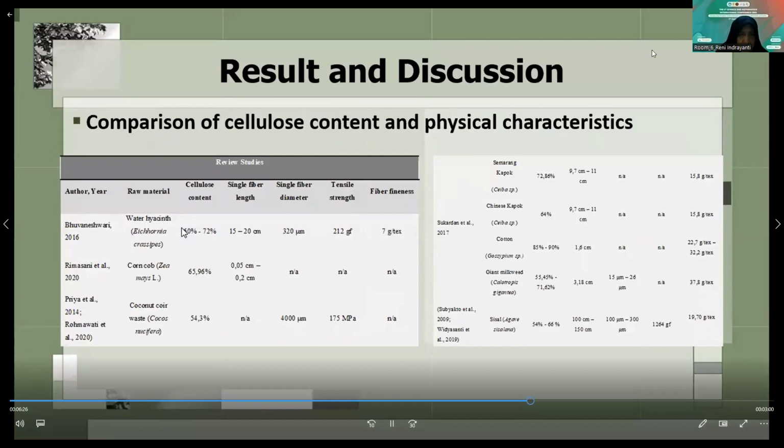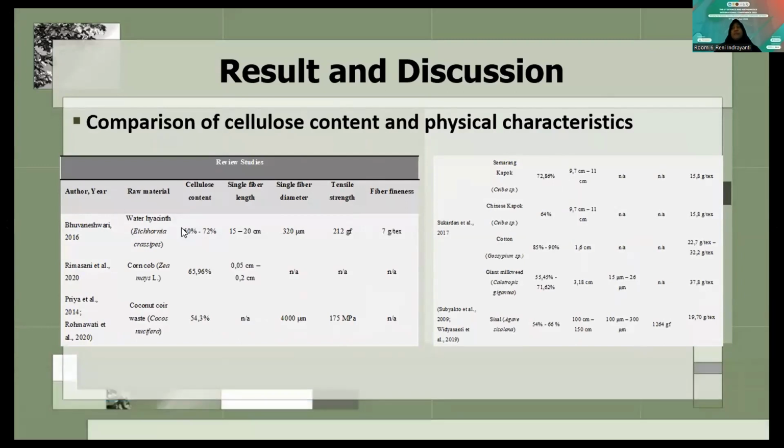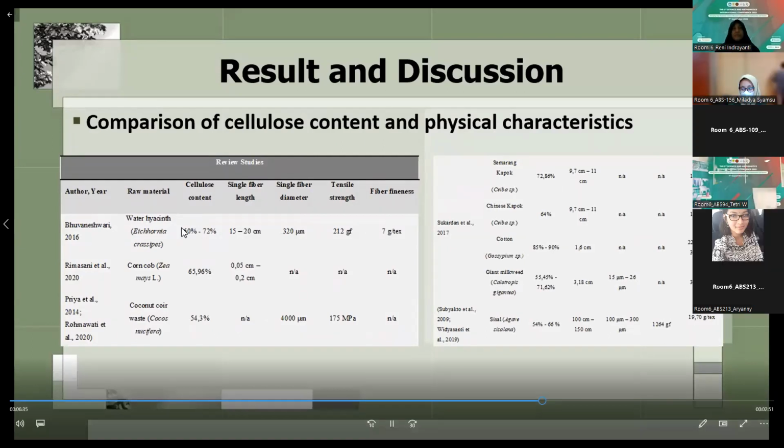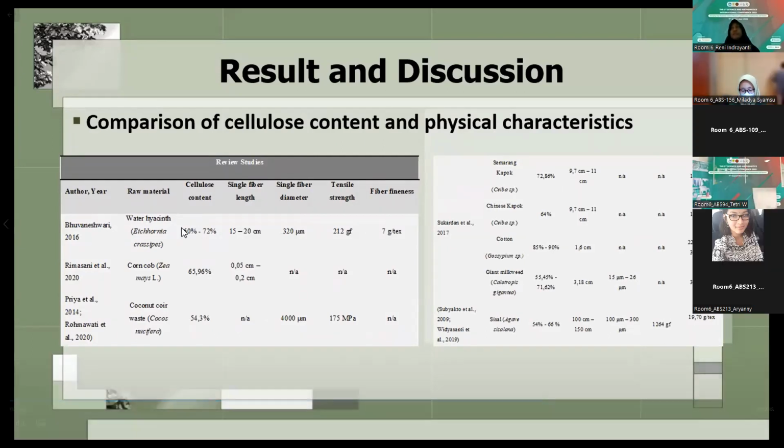By cellulose content, water hyacinth is the third highest after cotton and Semarang kapok, and the length of the fiber is longer than most plants mentioned here, but not as long as sisal, which means that it supports breathability but can still trap small particles. The diameter of the single fiber is also pretty small, and it has low elasticity, which can hinder the filtration ability of the mask.